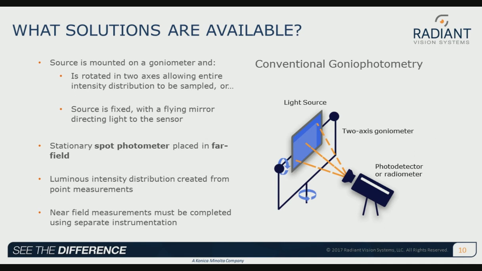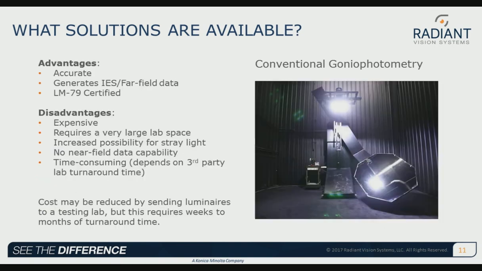In both cases, the sensor is a stationary spot photometer or colorimeter placed in the far field. In this way, we create a luminous intensity distribution by combining those point measurements together and interpolating between them. In order to get near-field data, you would have to use a separate instrument altogether, and we're going to talk about that near-field data gathering in a moment.